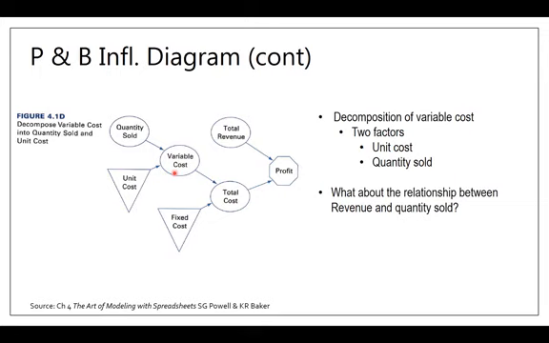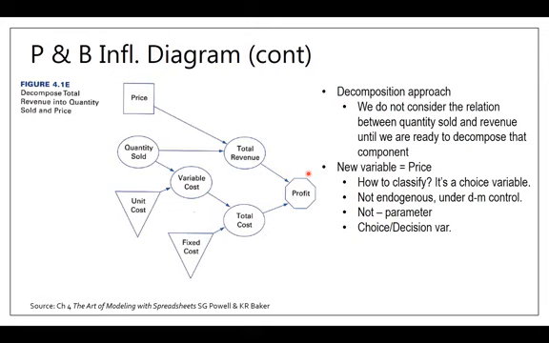And so we have a unit cost which matches up to every unit, and that's a fixed parameter. But that variable cost is going to change because we multiply the unit cost times the quantity sold. We know that this quantity sold also affects total revenue, though, right? Because total revenue is going to be price times the quantity sold. So why isn't that linked? Well, we're not going to put that relationship in until we're ready for it.